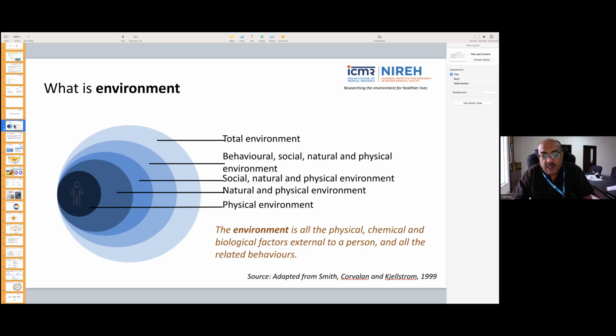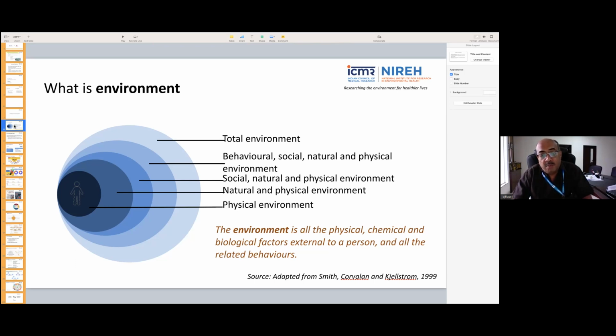Again, when you see in nature and in your surroundings, you have a number of other living organisms, be it human beings, be it animals, be it plants. And so human beings interact with all these living things, and so it creates a social environment. And that also has an impact on human health.